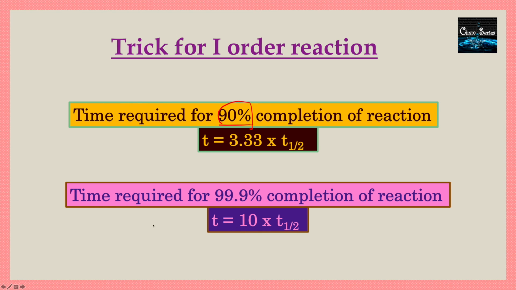That will be your time required for 99.9% completion of the reaction. So these are the two tricks, and they will ask this frequently in many competitive exams like CSIR GATE. So you just need to memorize these so that you can do it in a fraction of seconds, if they ask this problem.